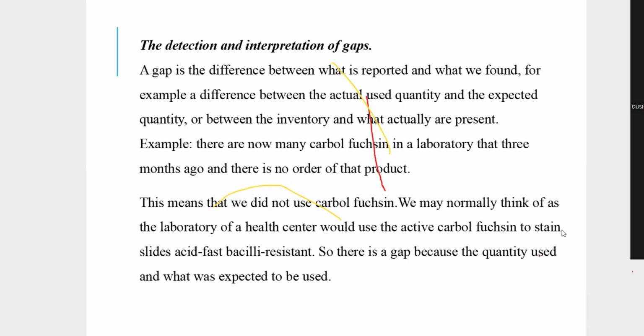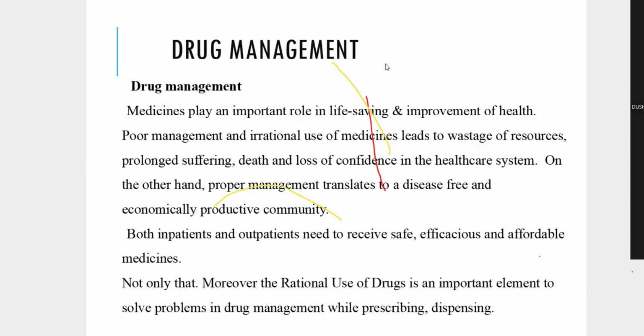So in drug management, the first part was about equipment, materials, and consumables. Specifically on drugs, as you know, this is medication. Drugs are also called medication or medicines. They play an important role in life saving and also improvement of health status.